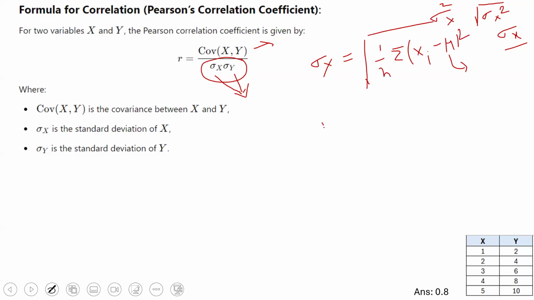Now, if you want to calculate sigma y, Madhu, how do we calculate sigma y?